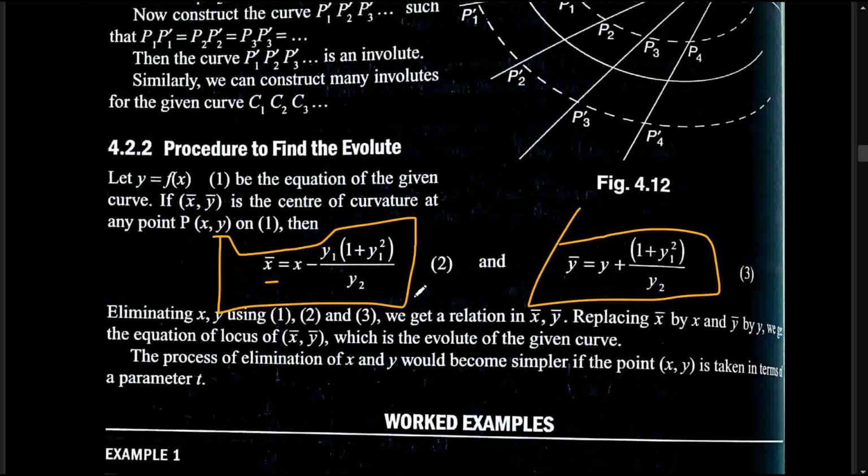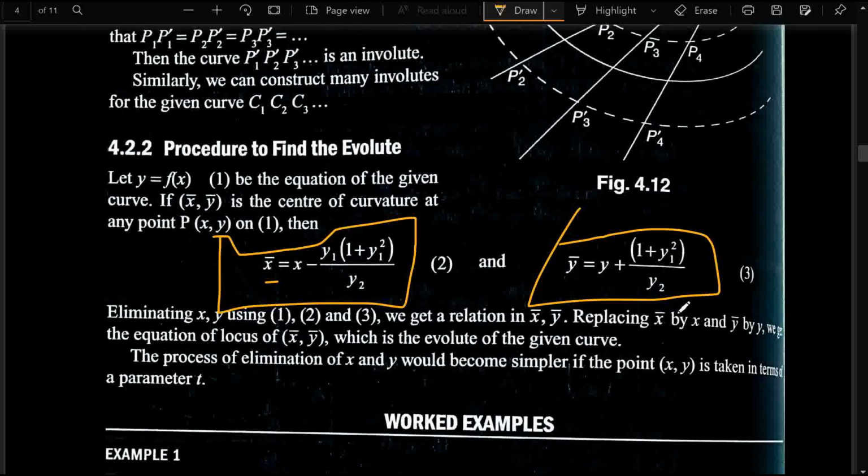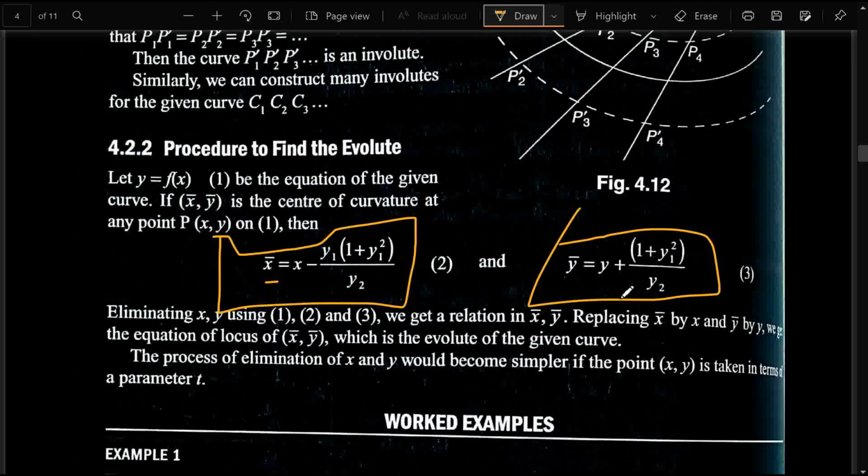What are y1 and y2? y1 is the first derivative of the given equation, and y2 is the second derivative. First derivative, second derivative, that's it. Similarly for the y coordinate: y dash is equal to y plus (1 plus y1 squared) by y2. These are the most important formulas which we are going to use throughout this session.